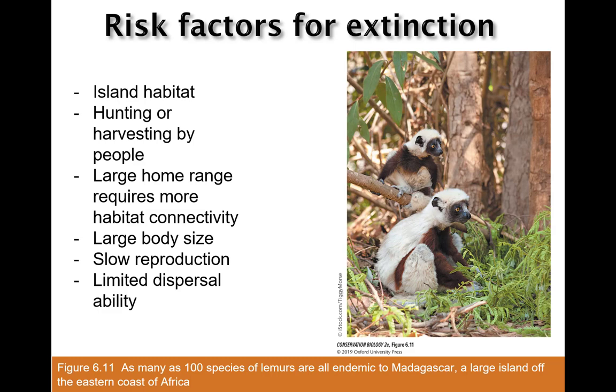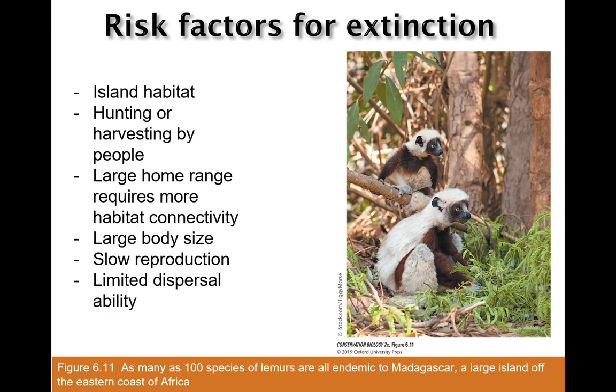So we think about things that migrate, like wildebeests, elephants, bison, buffalo, which use these really large home ranges so that they can use different resources at different times of the year when those resources are available. And when those areas within that range become fragmented and prevent their travel between them, that's when we start to see declines in those species.